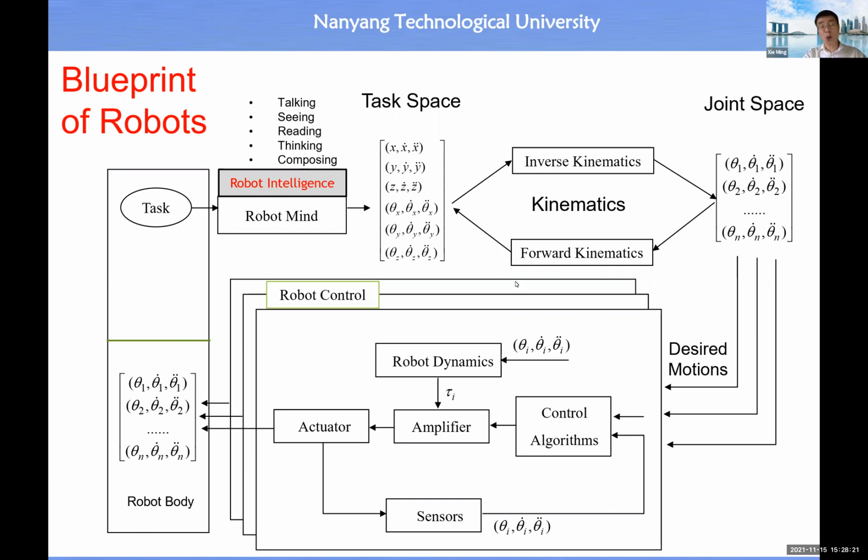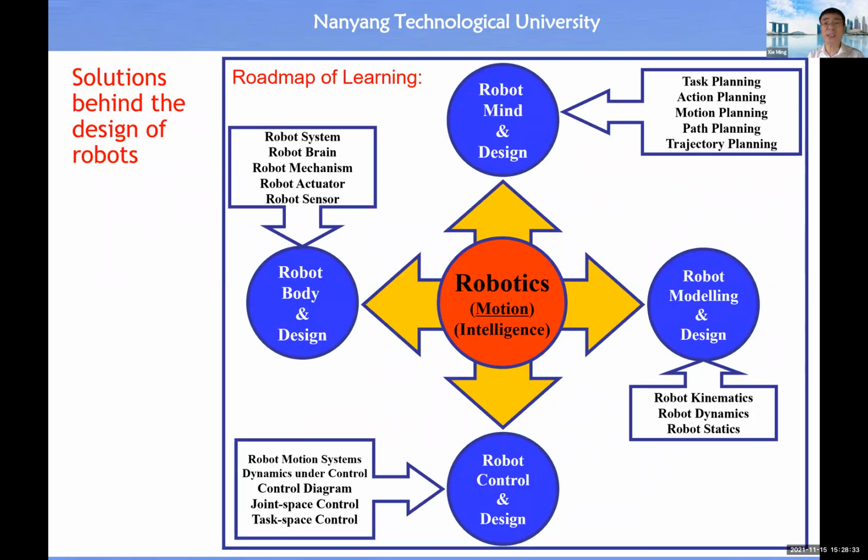All right. So in order to fully understand the blueprint of a robot, you need to study all the topics which have been grouped into 4 modules.